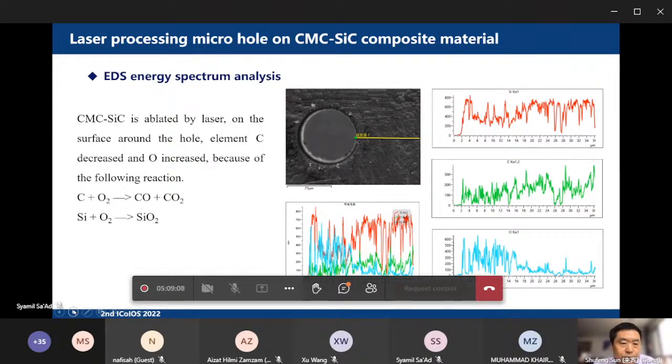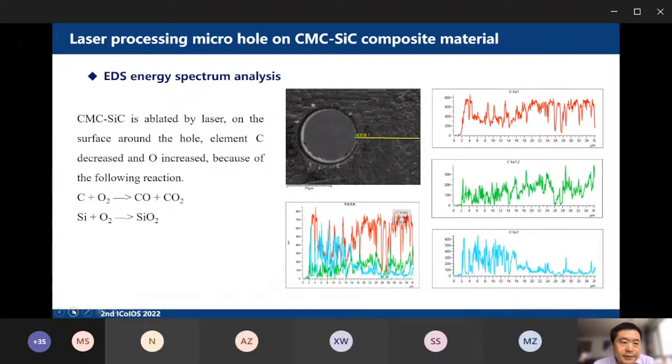And we also analyze the EDS energy spectrum analysis. We can see on the wall of the microhole, the oxygen and the carbon elements are also different because the foreign reaction will generate during laser processing.